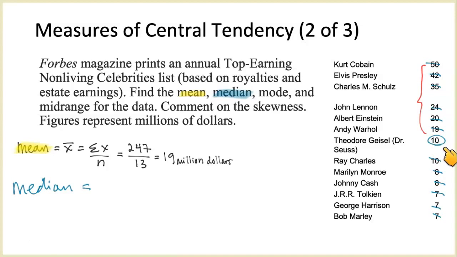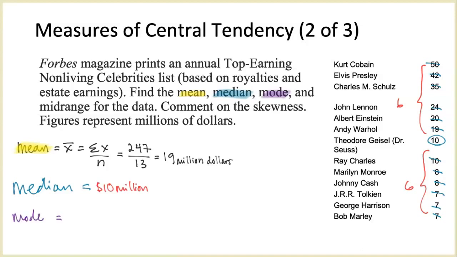I know that's the middle value because there should be an equal number of values above it and below it. In this case, if I say this 10 is in the middle and there are 13 total values, then one of them is the middle value, which leaves 12 values to be distributed equally on the left and the right. So there are 6 above it and 6 below it. My median would be 10 million.